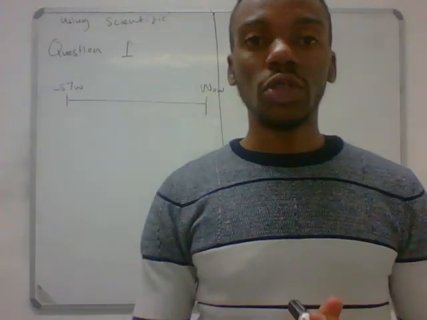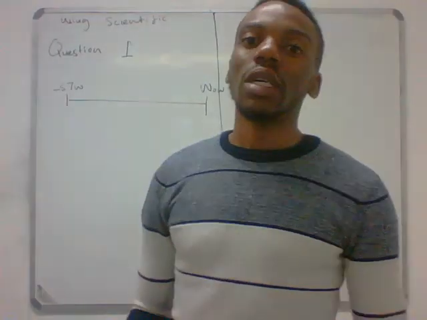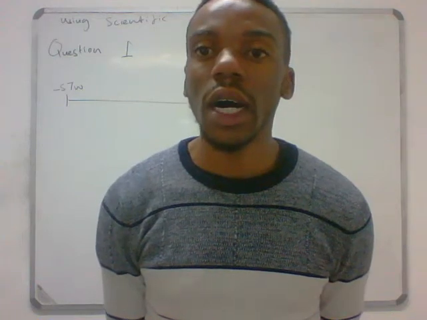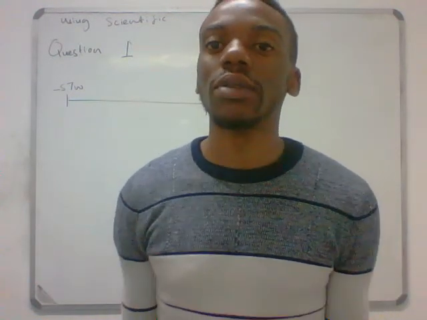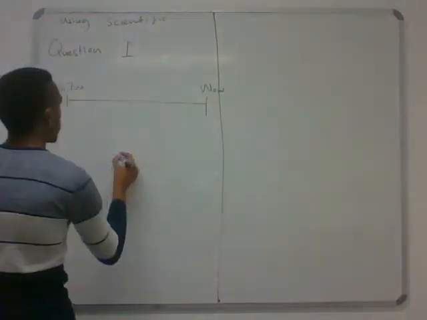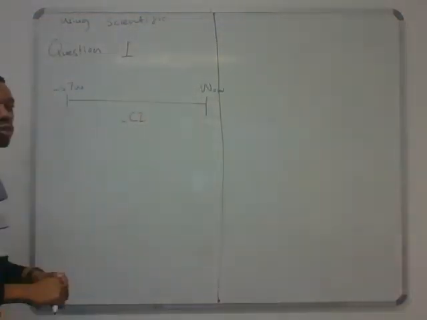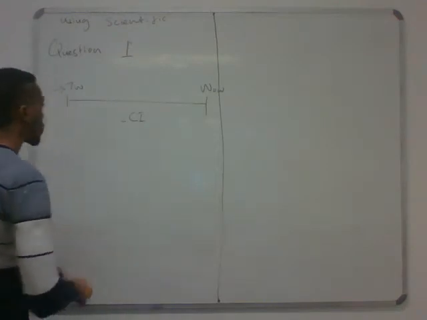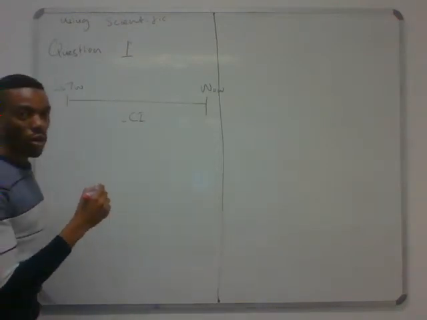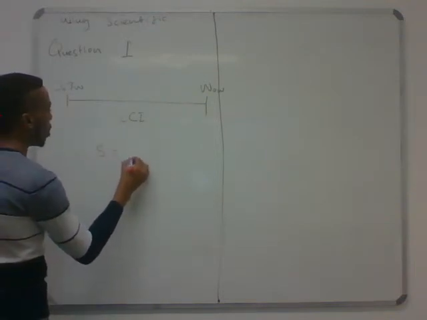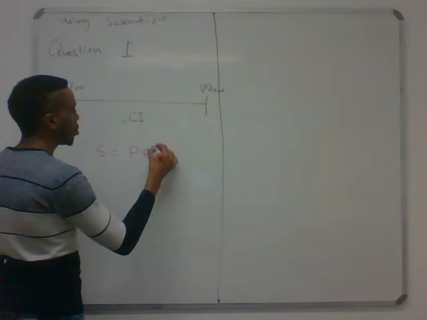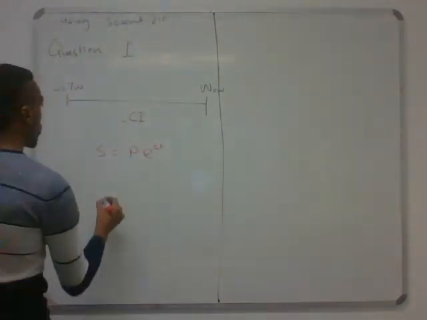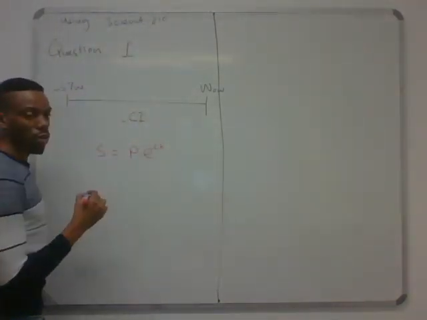Now after that we need to put the applicable formula as usual. They said that after investing this amount of money in an account earning interest with continuous compounding, so when you're dealing with continuous compounding, the formula for calculating the future value is S = P e^(CT).